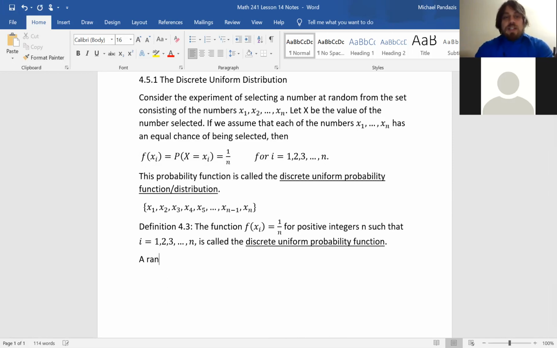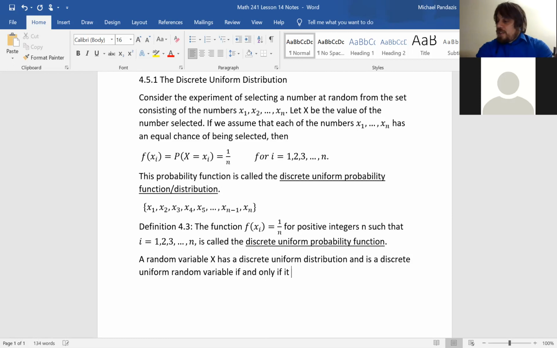Okay, a random variable, capital X, has a discrete uniform distribution and is a discrete uniform random variable if and only if its probability function is the discrete uniform probability function.